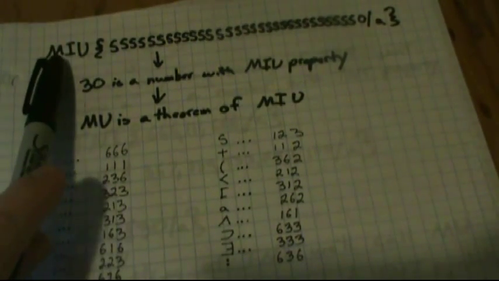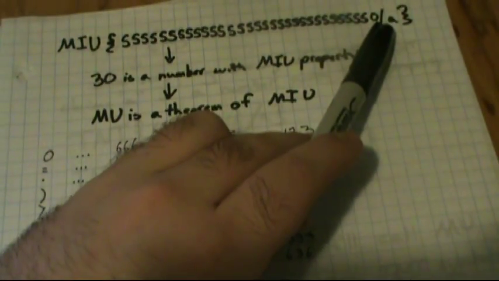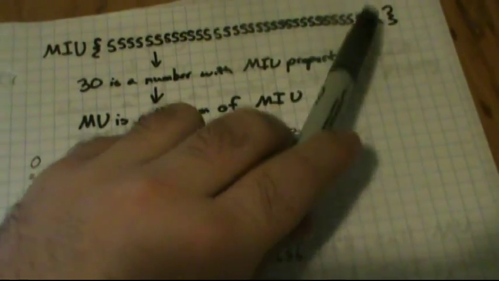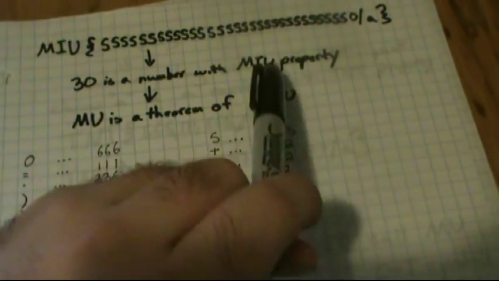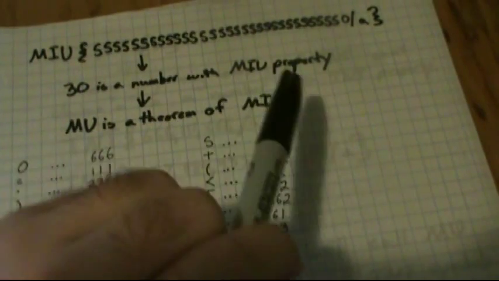Or can we take this very long string of TNT that has at least one free variable a here, and substitute this, which is 30 s's with the 0 at the end and stands for the numeral 30? If we substitute this for every time a appears in this string, is the result a theorem?